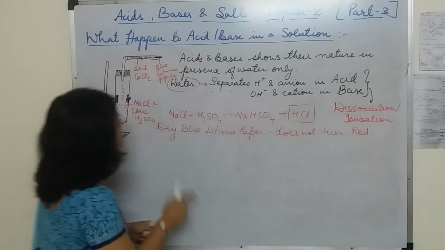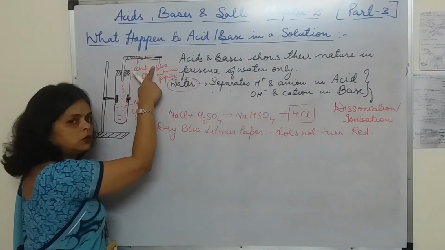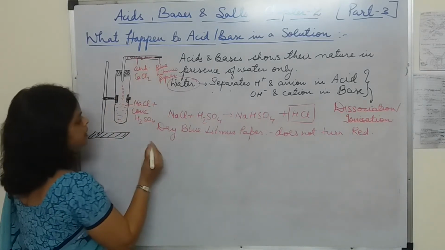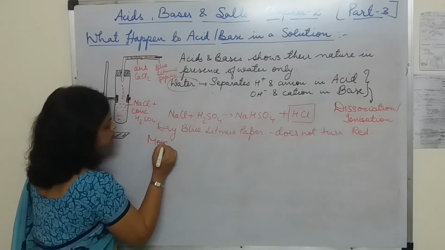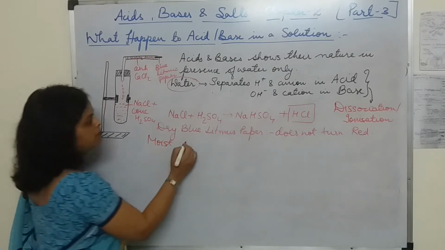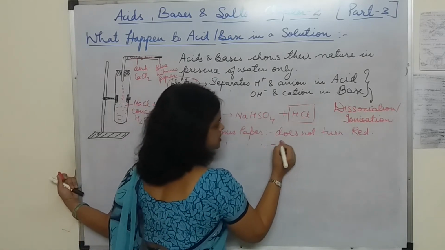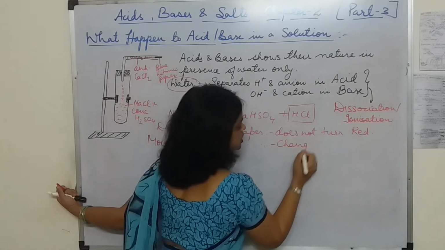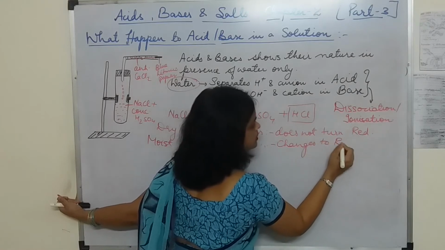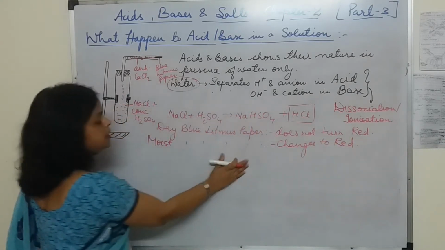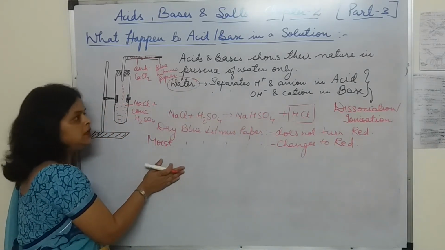Okay, so here instead of dry blue litmus paper, if you bring moist blue litmus paper, it changes to red. So now here it is showing its acidic nature.